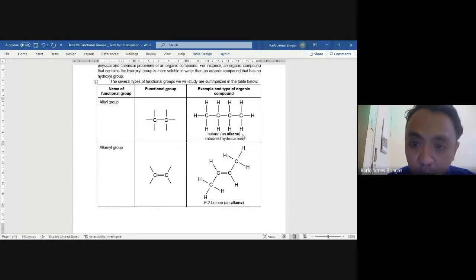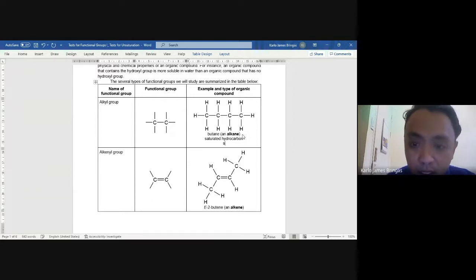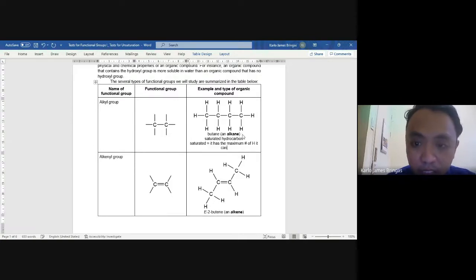By saturated, we mean to say na it has the maximum number of hydrogens it can bond with.